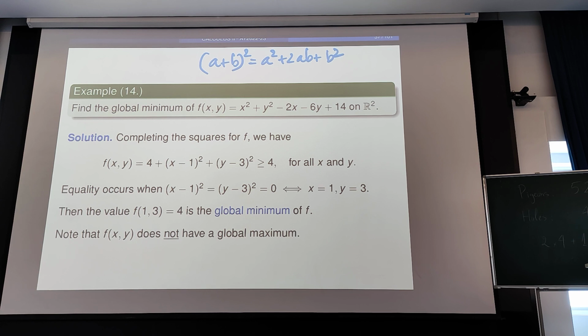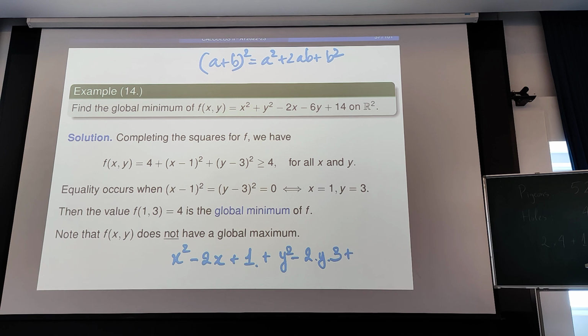You agree? So let's consider the function. You have x squared minus 2x, so we need to add 1 to have this square expression, right? Then for y, you have y squared minus 6y. Now let's factorize. You have 2y multiplied by 3.